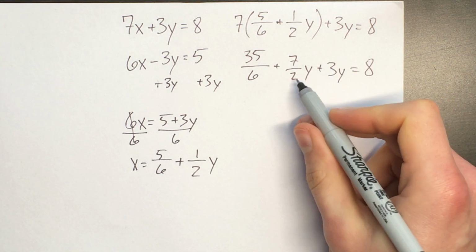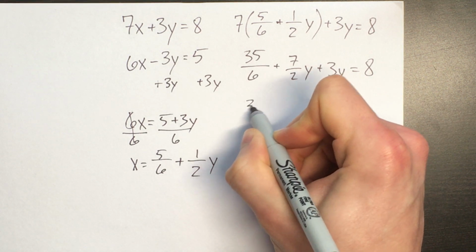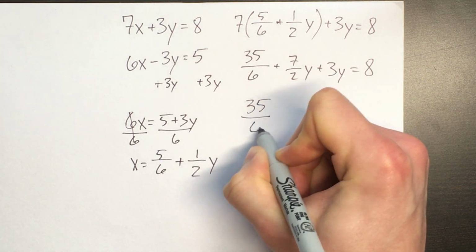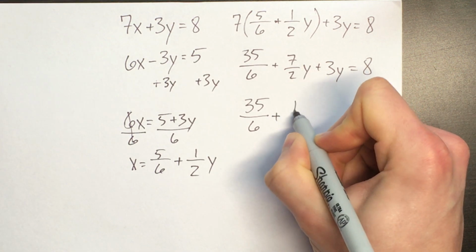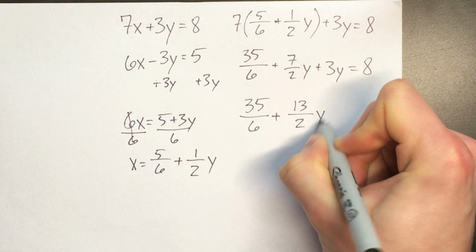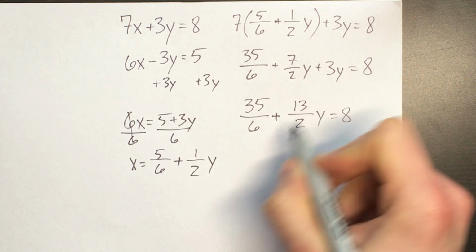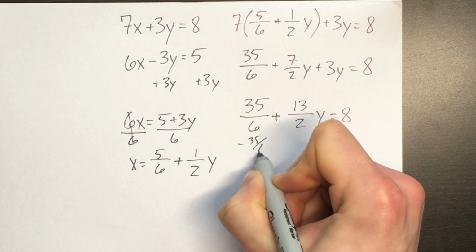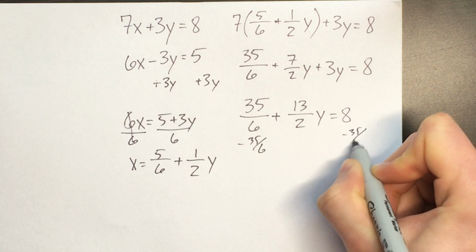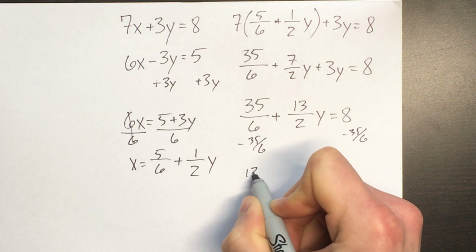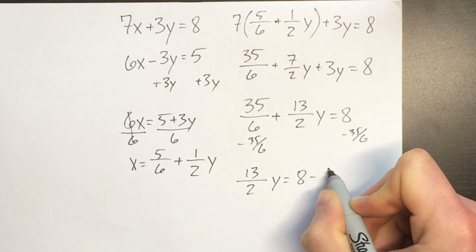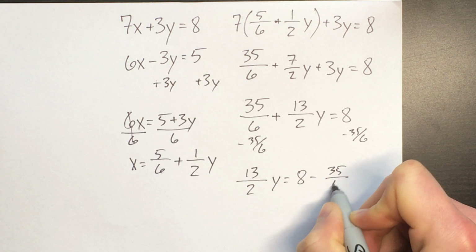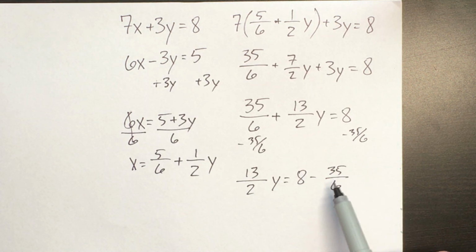I'll combine like terms. So it'll still be 35 over 6, plus 13 over 2 y, is equal to 8. I want to isolate my y, so I'll subtract 35 over 6 on both sides. That gives me 13 over 2 y is equal to 8 minus 35 over 6. To combine these two, I'll put this in fractional form with the same denominator.